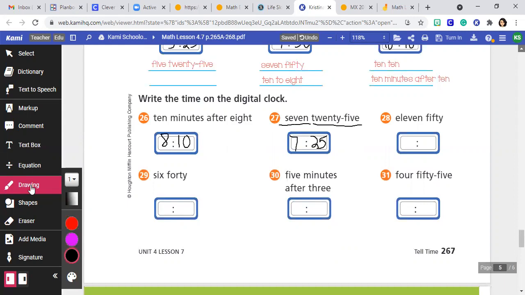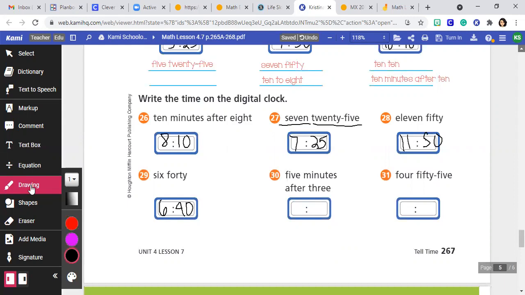Well, I like that this one is in order. 26, you had to think about that a little bit more. 28 is pretty straightforward, just like 27. 11 is the hour. 50 is the minutes. 29, another straightforward one. 6:40. The hour is 6 o'clock. 40 minutes are how many minutes have gone by after the hour.